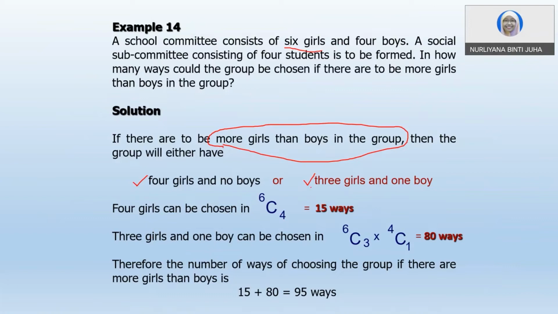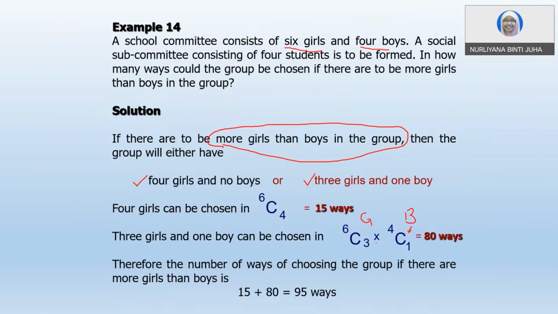And then for this second case, 3 girls and 1 boy can be chosen in, so out of 6 girls, we only need to choose 3. And then you multiply with, this is for girls, yeah? This is for boys. For boys, we only need to choose 1.